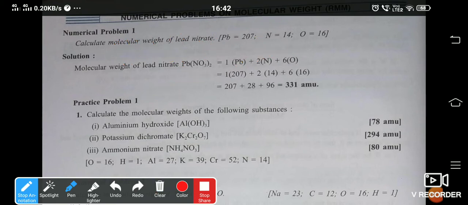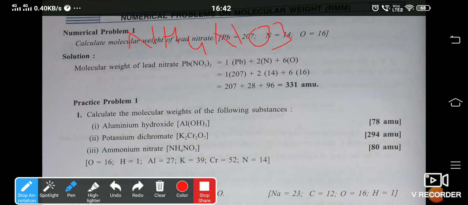Let's start calculating the molecular weight. NH4NO3. Now in this case, you can combine both and write down 2 into N if you want, or else you can proceed with the same method which we have been doing.